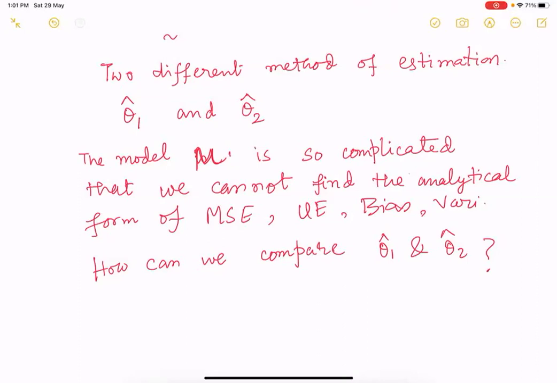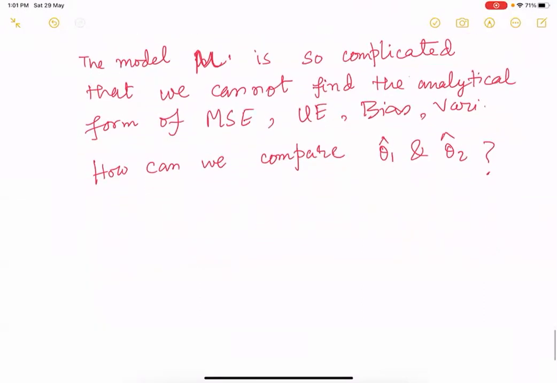Can we generate a random sample and then check for these two estimators the bias, variance and MSE? Yeah, that's pretty much what people do. People resort to Monte Carlo. It is called a Monte Carlo simulation study.